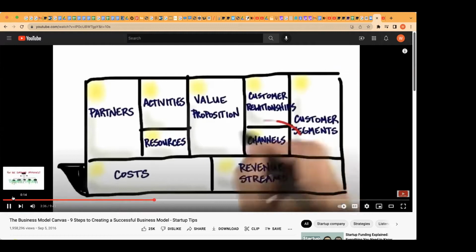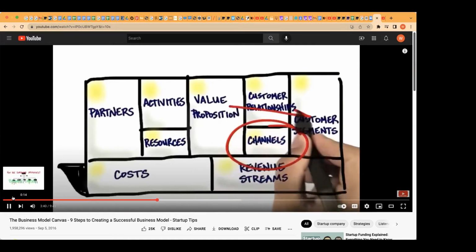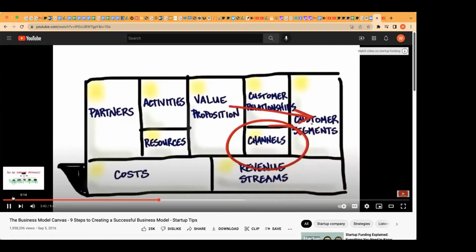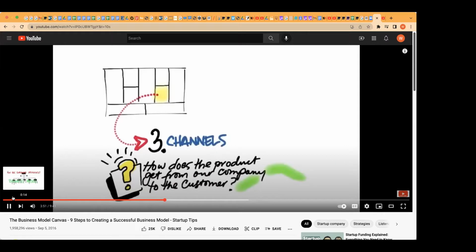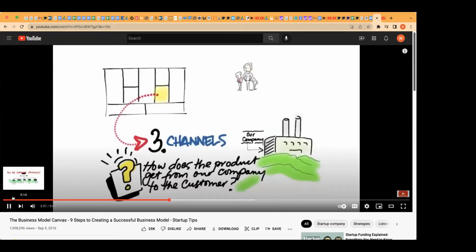The next is channels. How does your product over here get to your customers over here? We use distribution channels to do that. What's really interesting is that pre-1990s, the only channel to get to a customer was a physical channel. That is, you went to a store, you had salespeople, there was physical distribution.